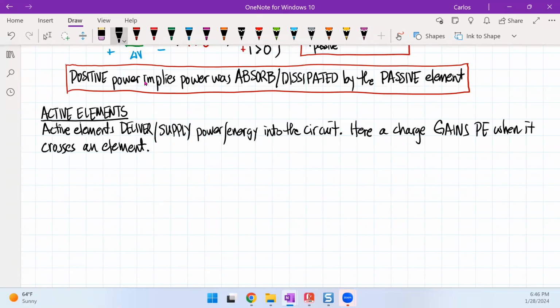So let's look at this. So let's start with the conceptual viewpoint.